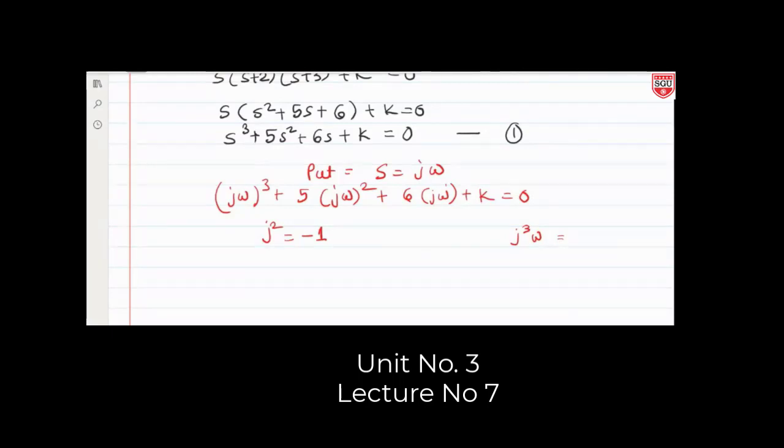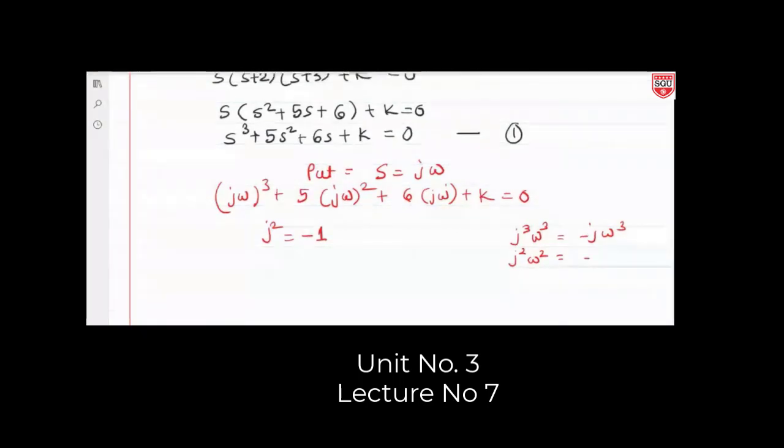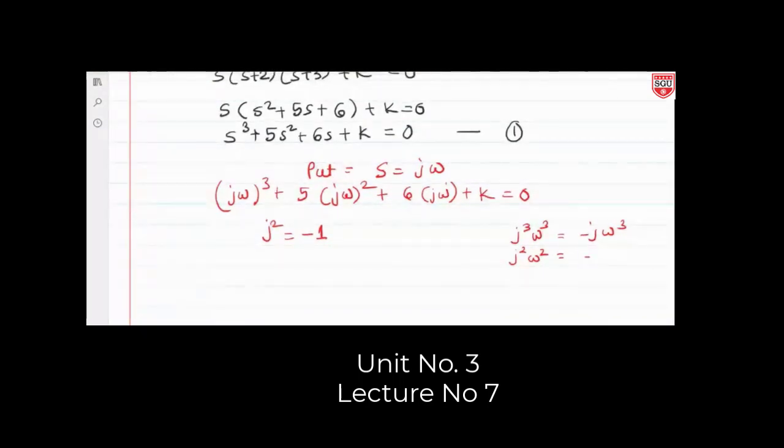It is minus 1 into root of minus 1, but it is not necessary to consider the root. It's simple: minus j omega cube. Similarly, j square omega square will be minus omega square, sorry, minus j will not be there.